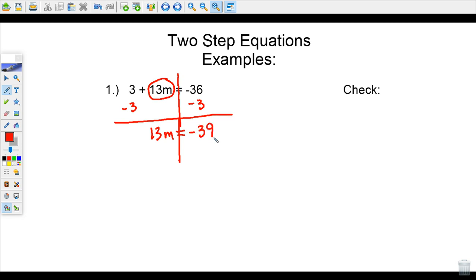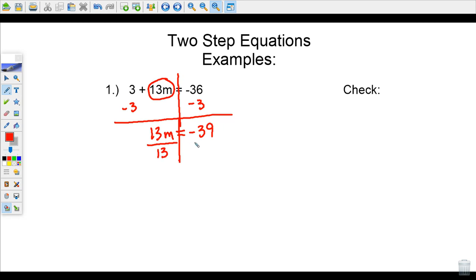I'm one step closer to getting to the m, to the variable by itself. All that's left is to get rid of this 13. They're right next to each other. That means m is being multiplied by 13. The inverse of multiplying by 13 is to divide by 13.